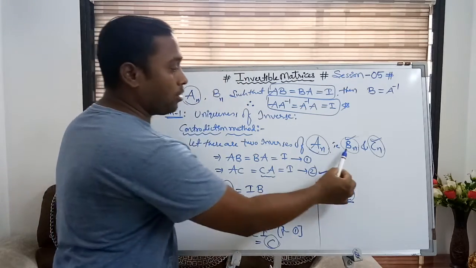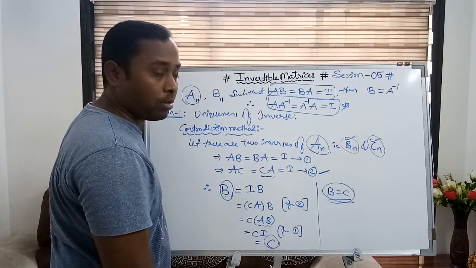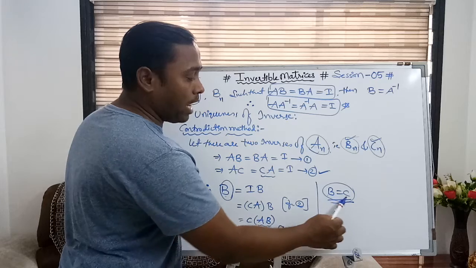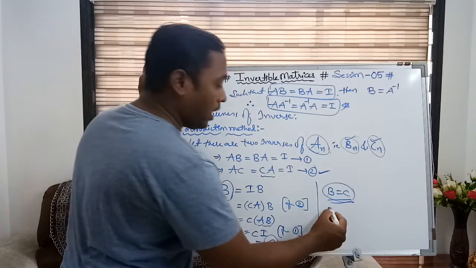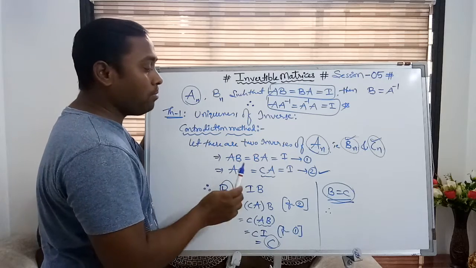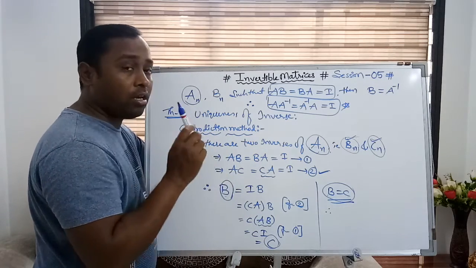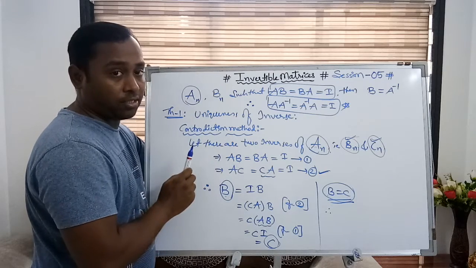It shows that a given square matrix, if its inverse exists, has only one inverse.